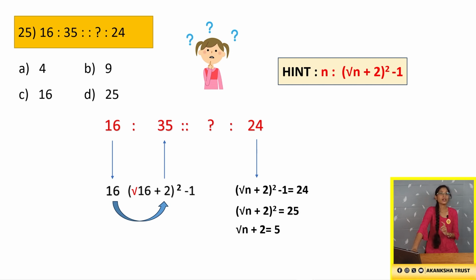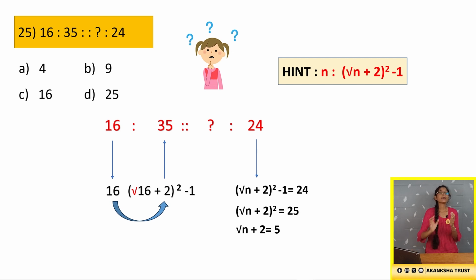Easy, isn't it? So square root of n plus 2, whole square, is 25. The square is moved to the right side and converts into a square root. The square root of 25 is 5. So the remaining is square root of n plus 2 is equal to 5.